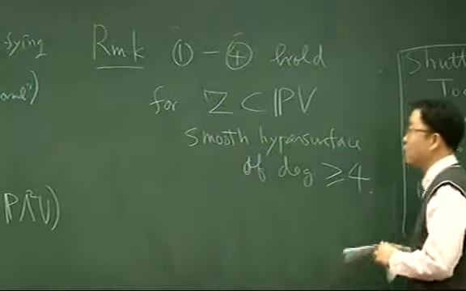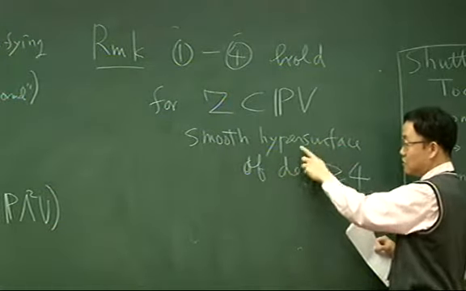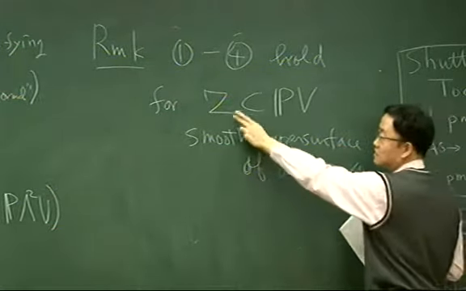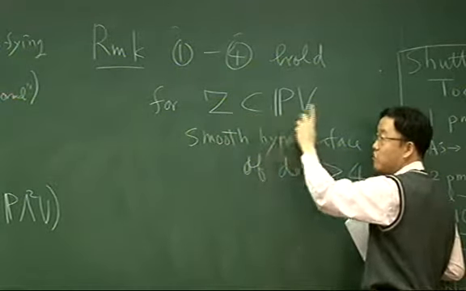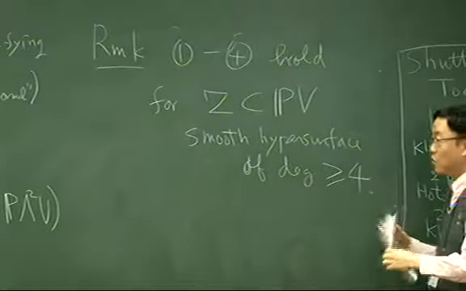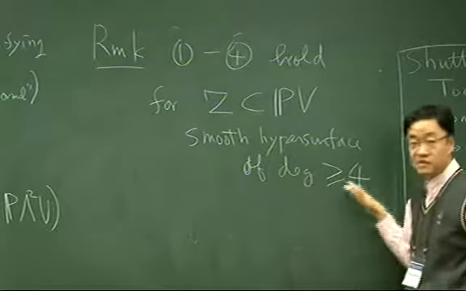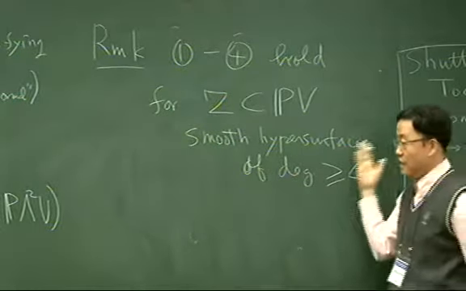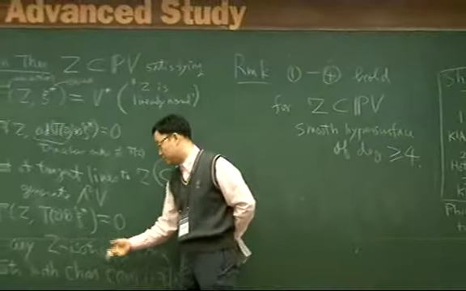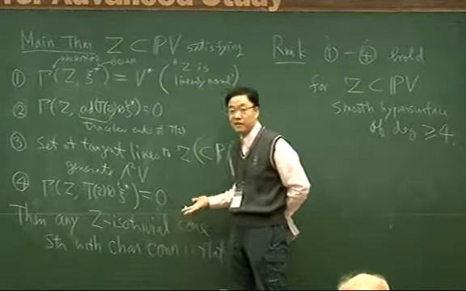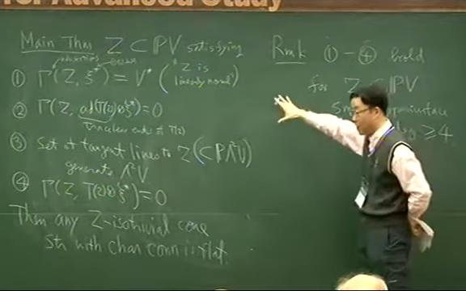So in other words, whenever you are given a cone structure by smooth hypersurface, such that the degree here means that this is defined by homogeneous polynomial equation, and this homogeneous polynomial has degree at least 4. So whenever you have a cone structure given by hypersurface of degree at least 4, and if it is isotrivial, and if it has a characteristic connection, then it must be flat. So that's one example of our main theorem.